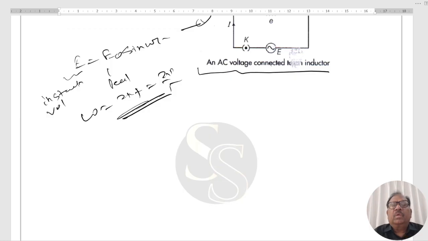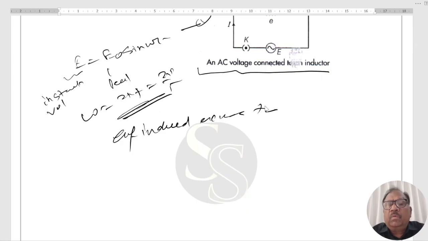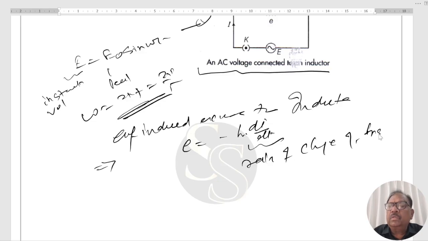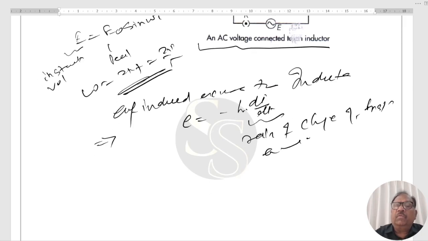Now, the EMF induced across the inductor will be E equal to minus L di by dt, where di by dt is the rate of change of instantaneous current.